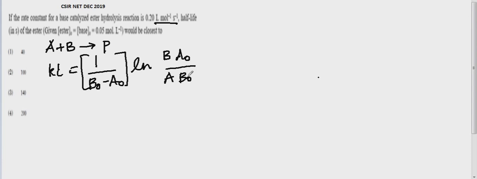So this is the integrated rate law for a second order reaction.